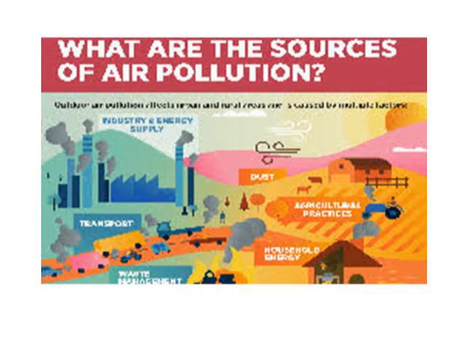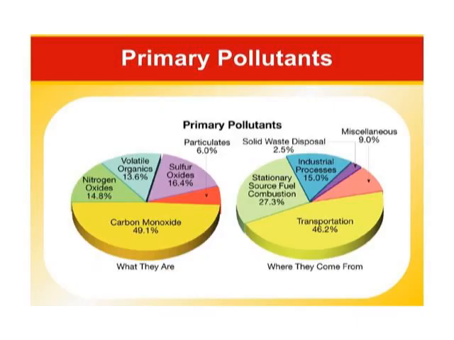What are the sources of air pollution? They are illustrated with pictures. The factors, dust, and transportation can become the problem of air pollution. So, primary pollutants, there is also a pie chart.